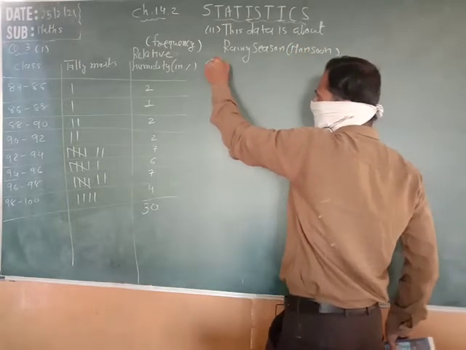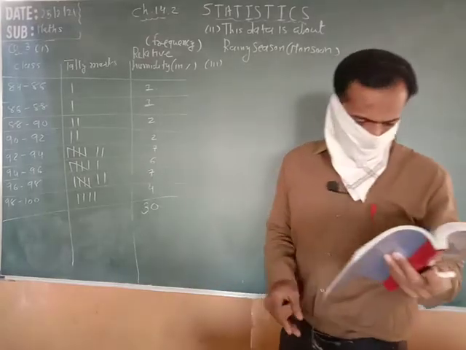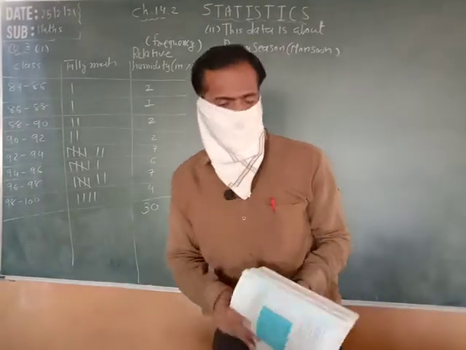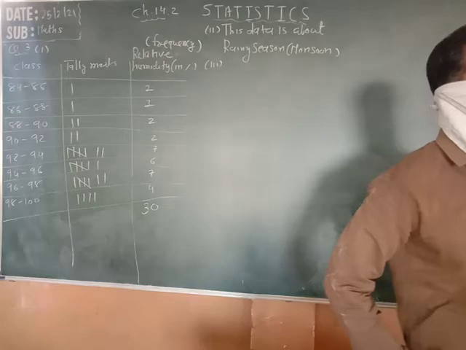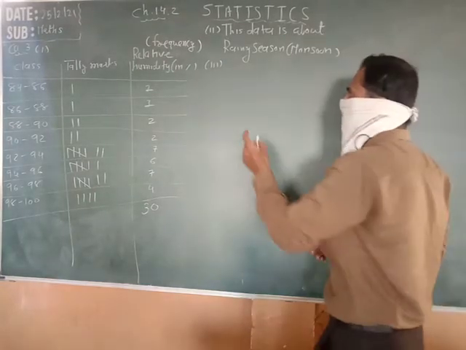One more question is asked: what is the range? The formula of range is highest observation minus smallest observation.